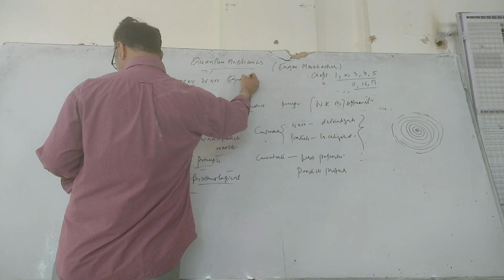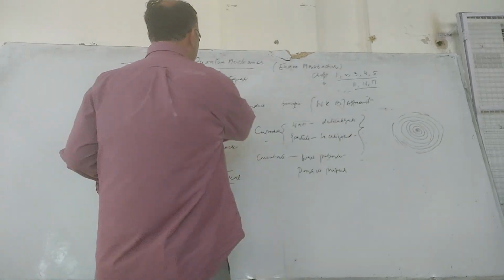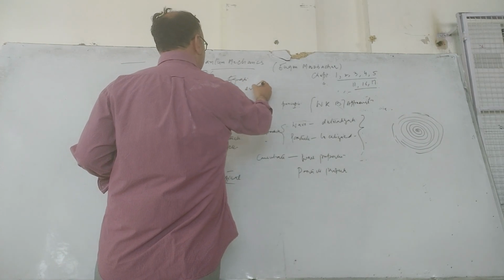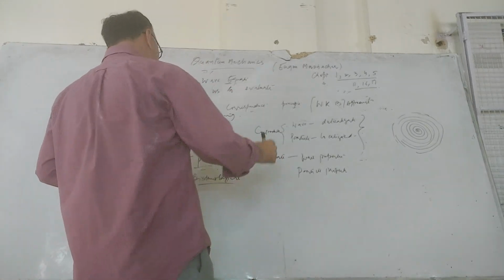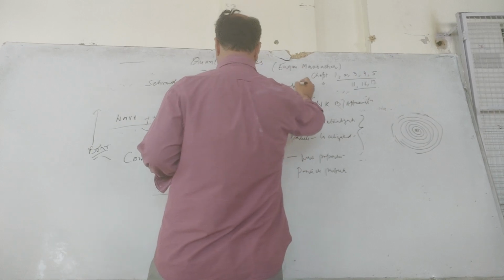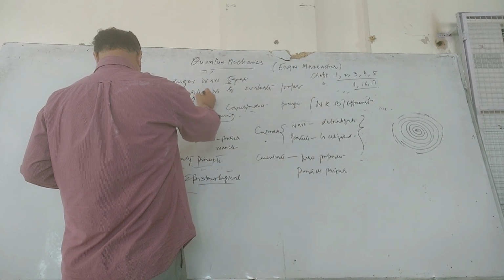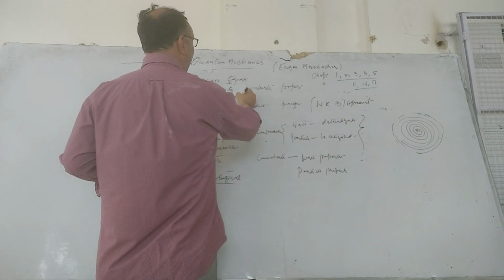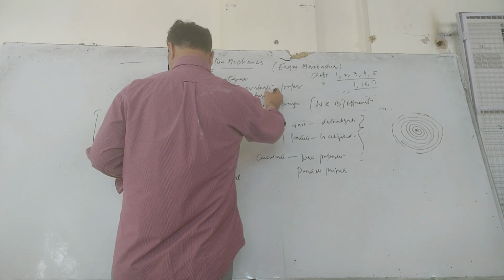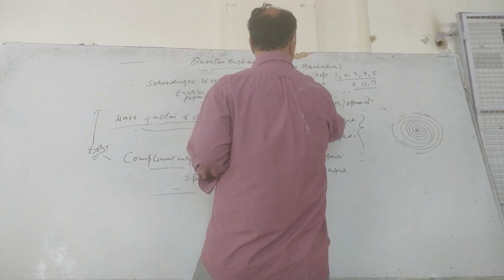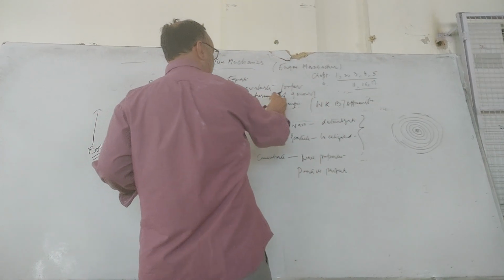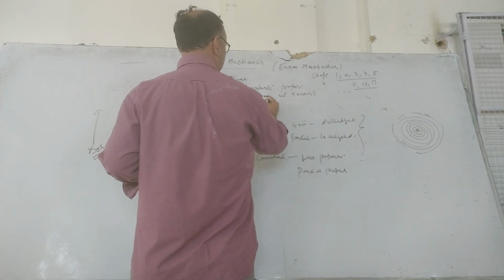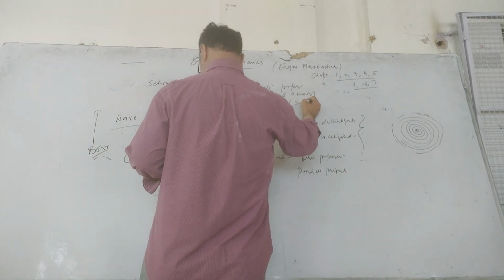So Schrodinger wave equation, historically, is that it enables us to evaluate proper frequencies or eigenfrequencies of general quantum mechanical systems.